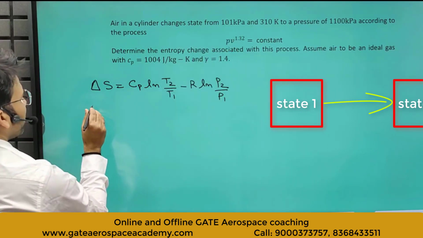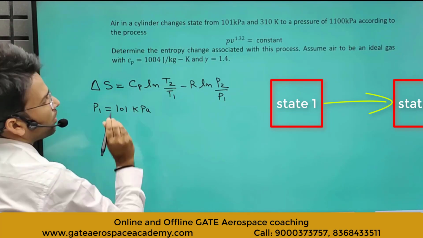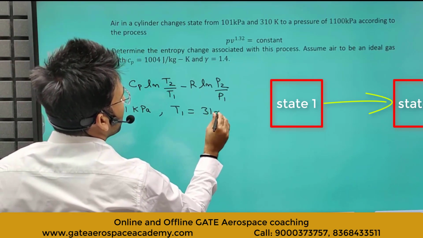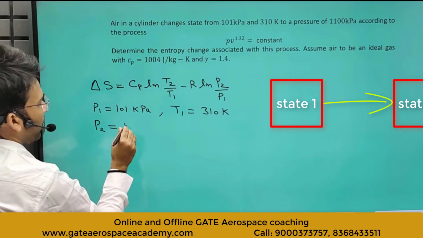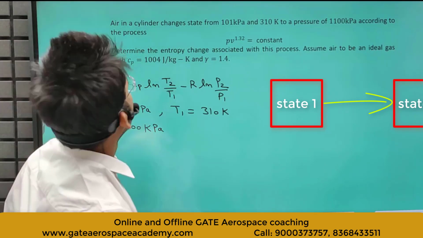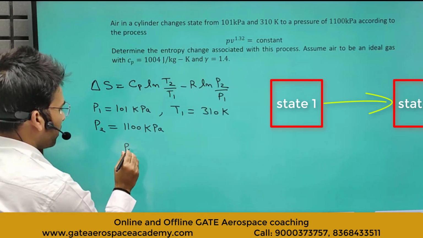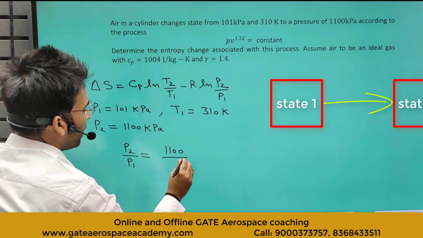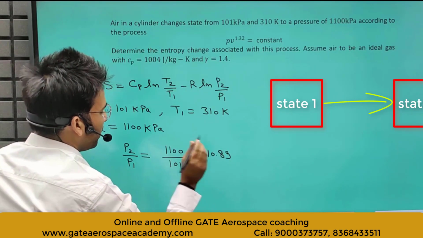So this is P1, 101 kilopascal, T1, 310 Kelvin, P2 is 1100 kilopascal, correct? So what is this ratio P2 by P1? 1100 divided by 101, 10.89, right?